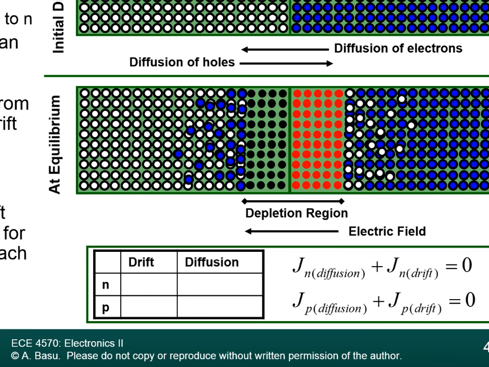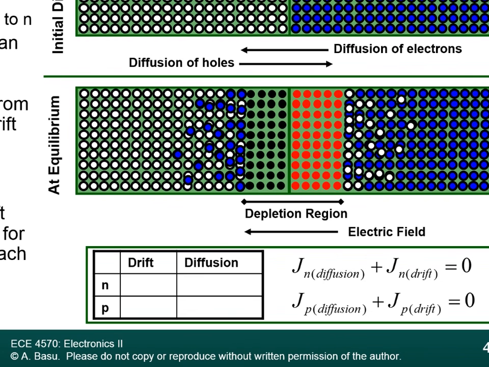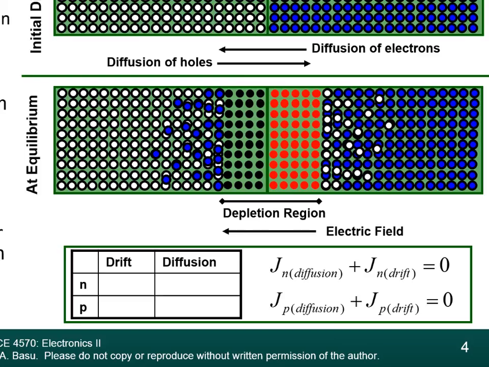Why don't we fill in these arrows here? Let's start with Jn drift. Let's think about this for a second. I'm asking specifically for the direction of the current, the direction of Jn drift.